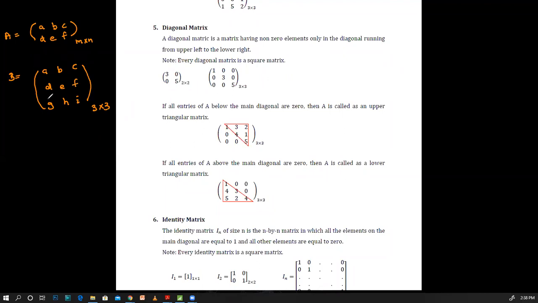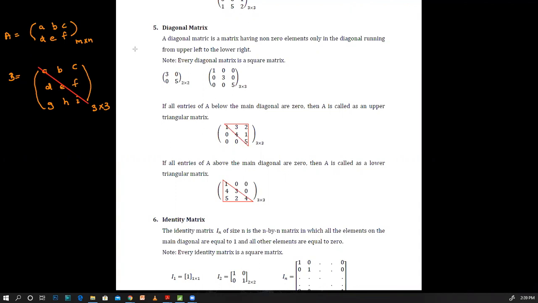Now think about this form of matrix. If you have a square matrix in this form, then the line that runs from top left to the bottom right is meant to be the main diagonal of the matrix.